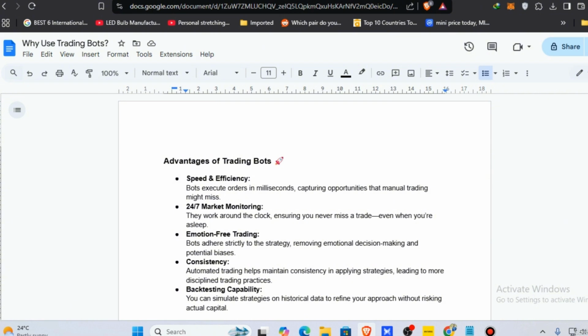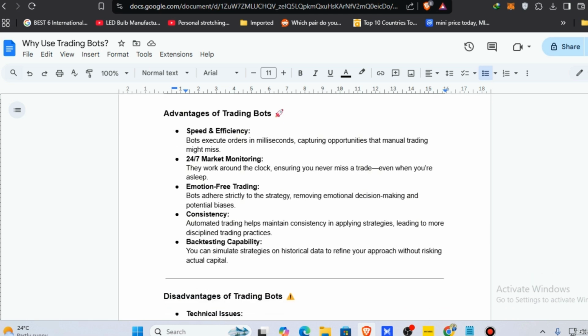And of course the same scenario is written here: 24/7 emotion-free trading. That's the most important thing. Most traders cannot control their emotions. When they see a little profit, they think that profit is going to be missed out and they should book it. But when they see a losing trade, or see the stop loss is going to hit, they will cancel the stop loss, or move it thinking the market will go in their direction.